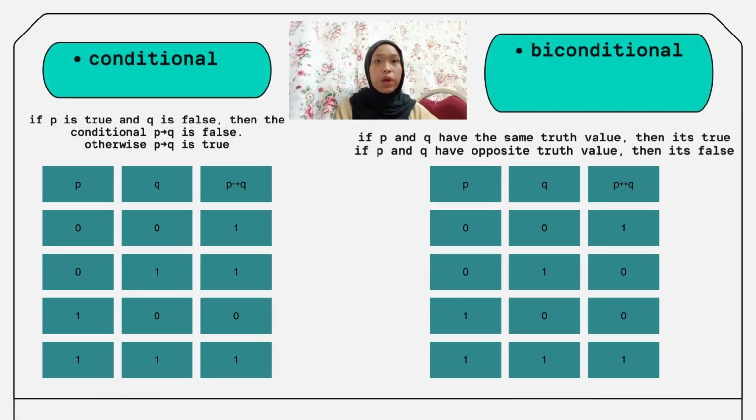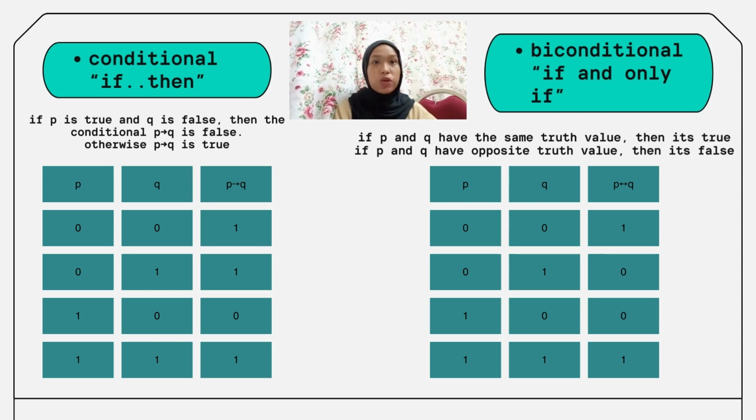For the last ones, we have conditional, if then, and biconditional, if and only if. For if then, if P is true and Q is false, then the conditional P implies Q is false. Otherwise, P implies Q is true. So the truth value for P implies Q: P is 0011, Q is 0101, P implies Q is 1101.